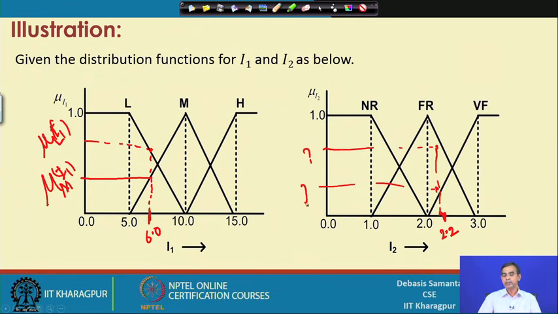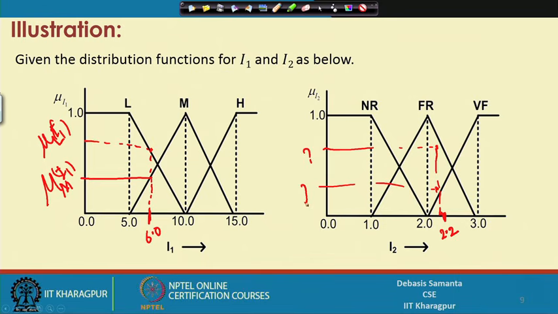These mu values can be calculated from this fuzzy description of the state, the same way as followed in the Mamdani approach, using the principle of similarity of triangles. Once these mu values are known to us, then we can calculate the output value easily.